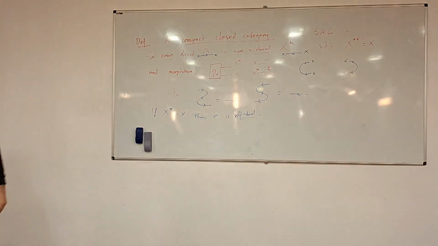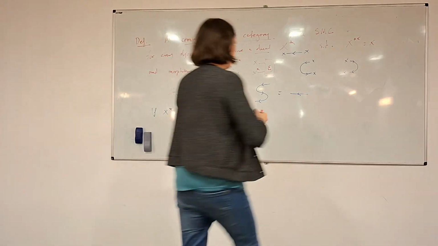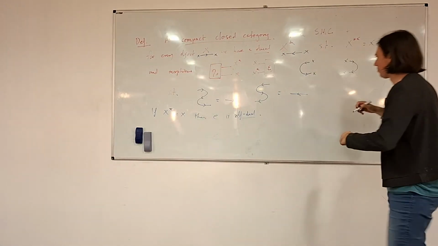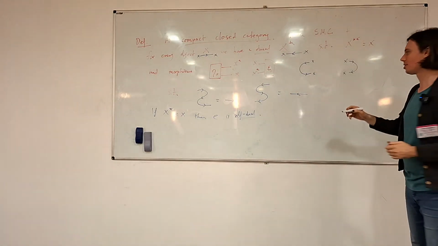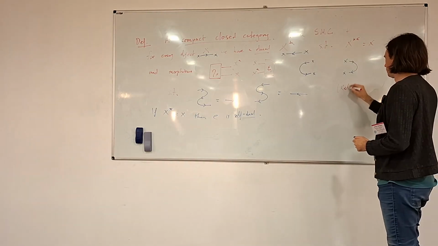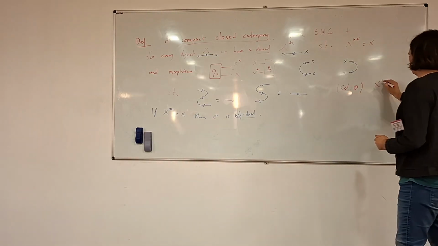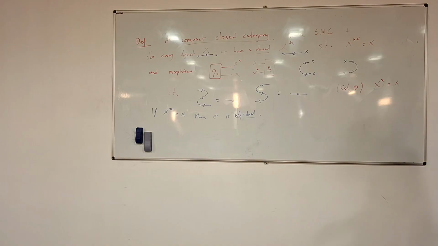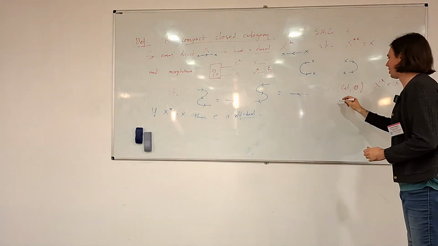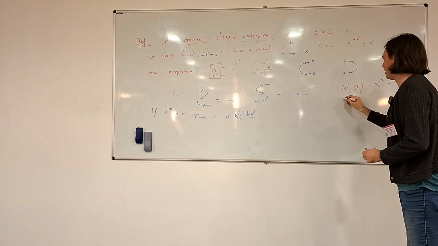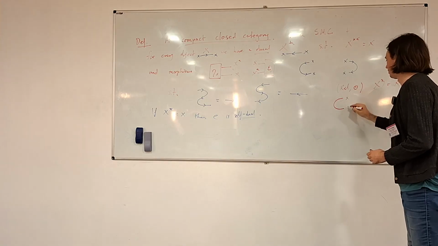So let's go back to my favorite example, Rel tensor. Rel tensor is compact closed. If you write down its type, you immediately figure out what it has to be. It's going to be self-dual. So in Rel, the dual of an object is itself, and so I need to come up with some meaning for this thing.